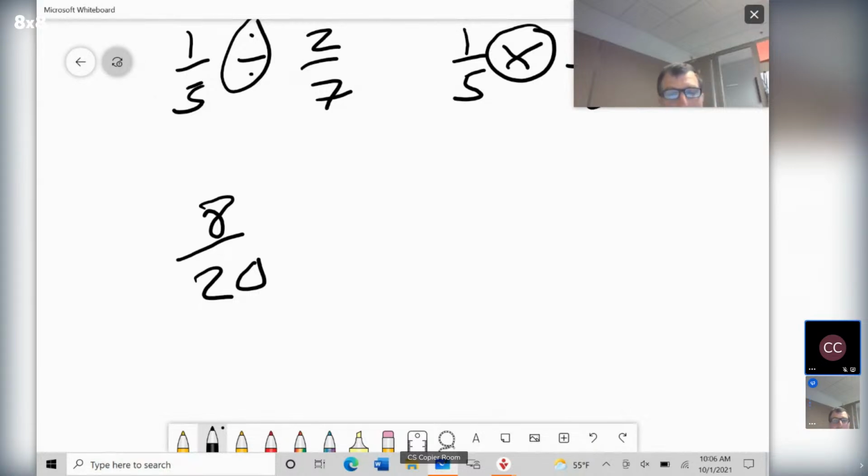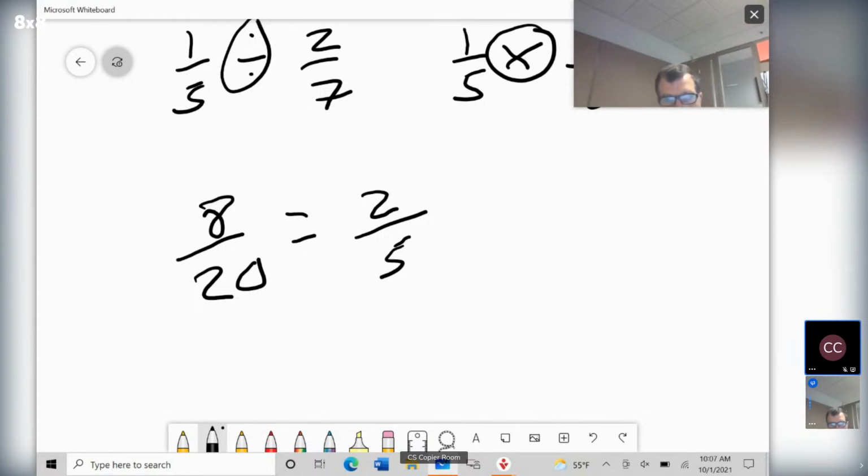So we know at least 2 is going to go into them. But in this case, we know 4 also will go into 8 and 20. So how many times does 4 go into 8? It goes 2 times. And how many times does 4 go into 20? 5 times. So 8/20 reduced is 2/5.